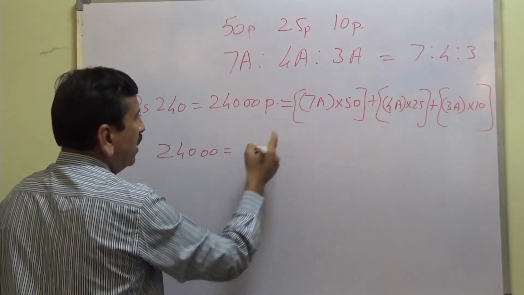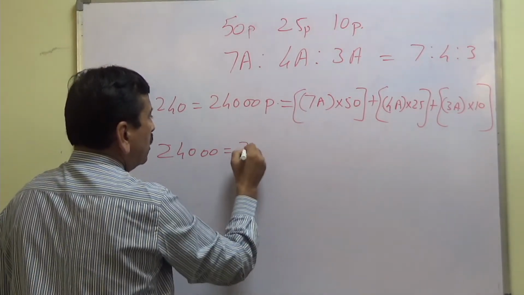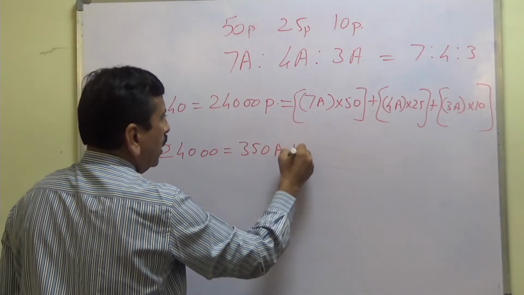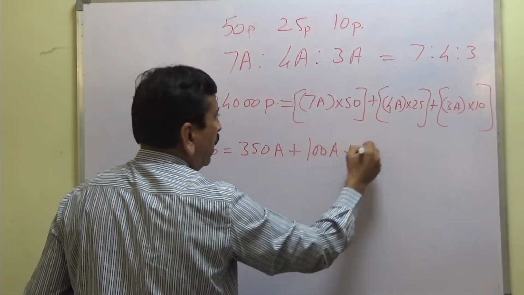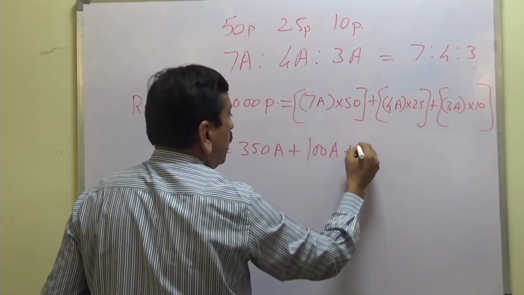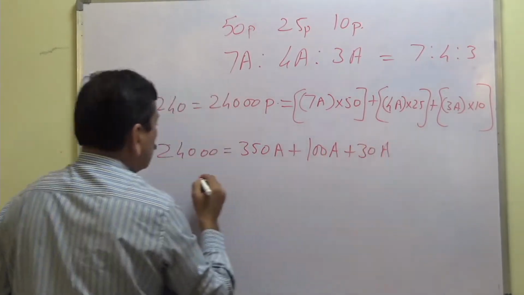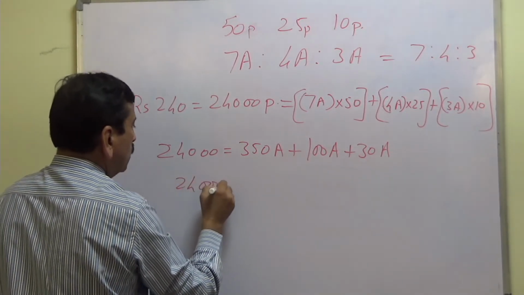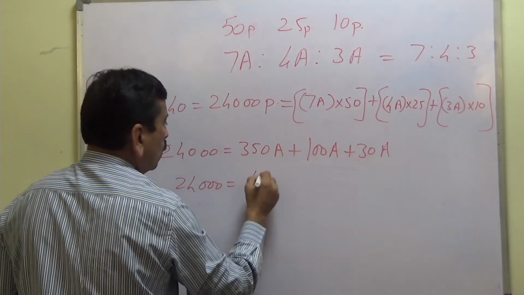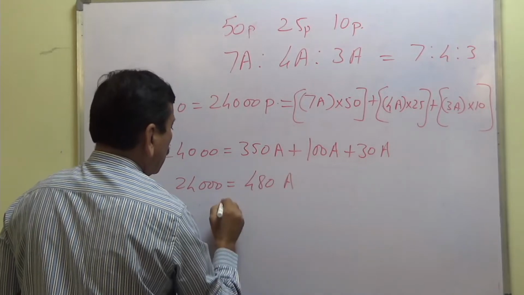And we simplify. 24,000 paise equals 50 into 7, 350A, 25 into 4, 100A, 10 into 3, 30A. So we get 24,000 is equal to 480A.